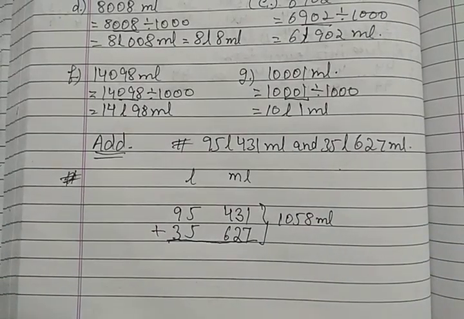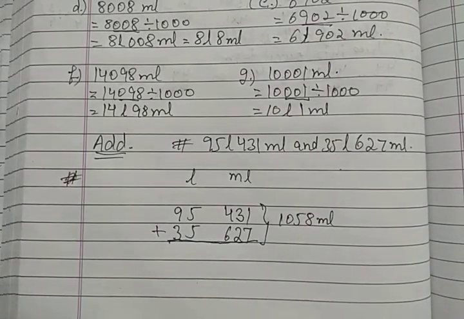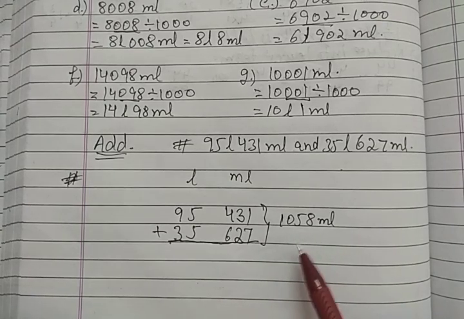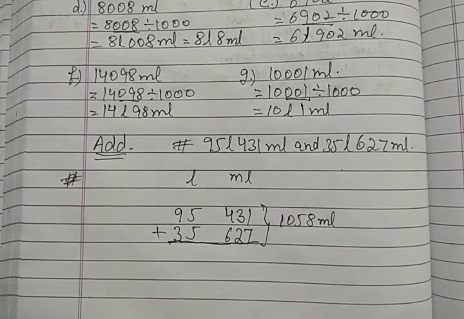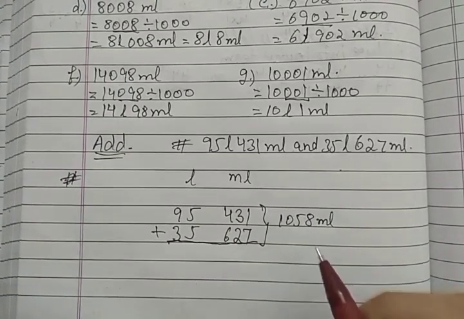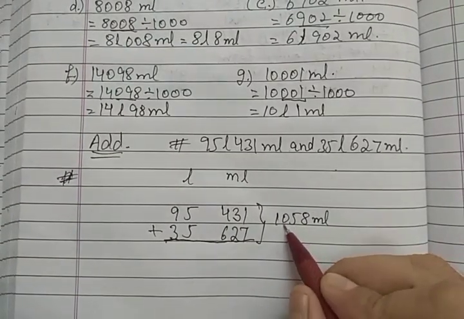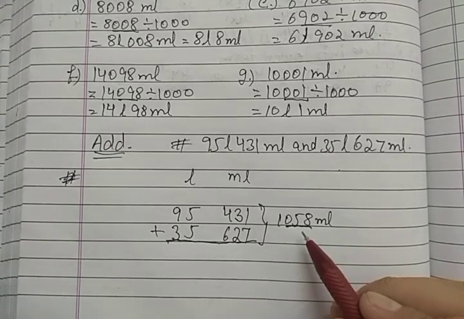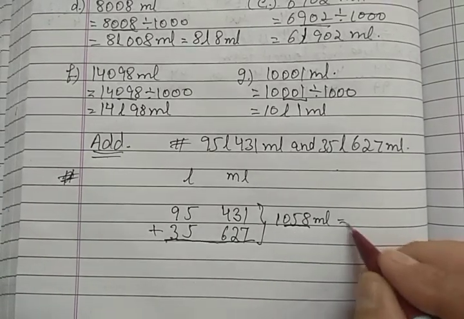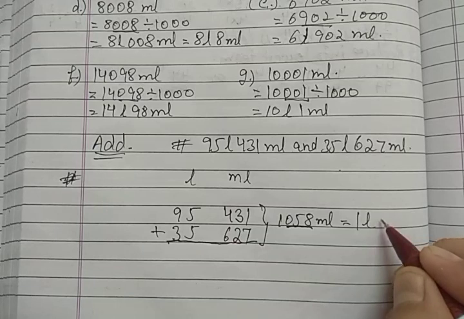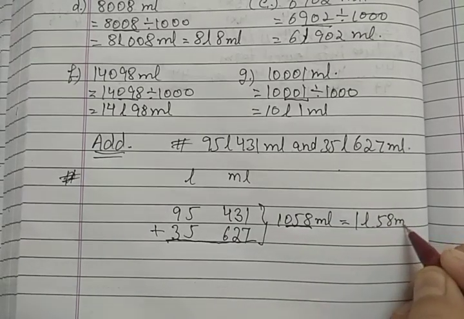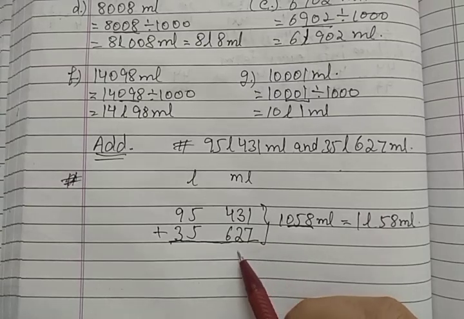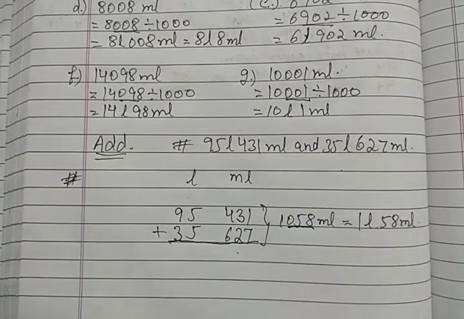So now we have to convert this into liter and milliliter. Why? Because from 1058 ml a liter will be converted. So how can we convert? By dividing it by 1000. So separating the last three digits, 1 liter and 58 milliliter. So now milliliter will come below and liter will go over here as carry over.